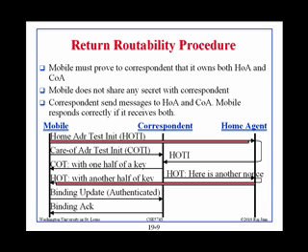So the mobile, the correspondent and the home agent. The mobile sends a message which is called home address test init, initialization. This message is sent from the foreign place straight to the home agent, and it is encapsulated, as you can see from this thing here, so nobody can read it.